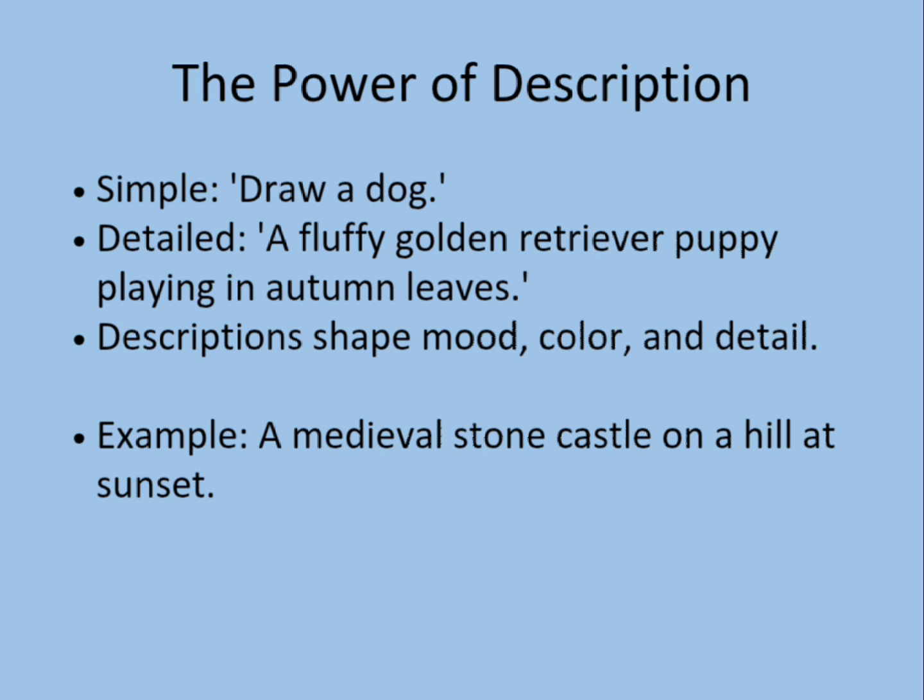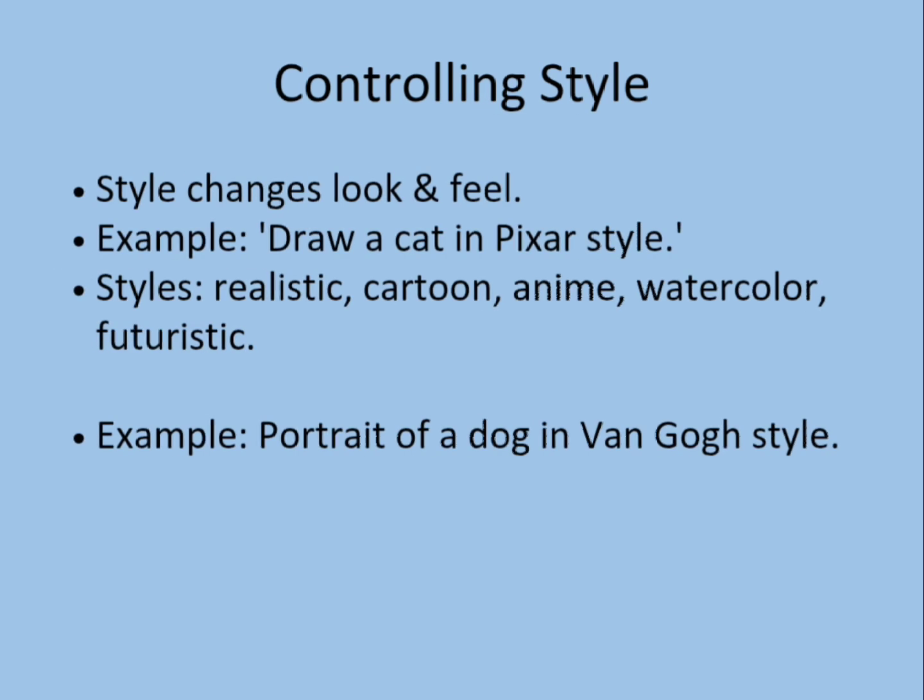If we say that, I think in medieval times, whatever structures they created with plain stones, that will be created at the time of sunset, meaning with the shadows against the sun. Style changes look and feel, so style is very important. For example, draw a cat in Pixar style. So Pixar has a peculiar graphic style, visual styles. In that style, the cat will be drawn.